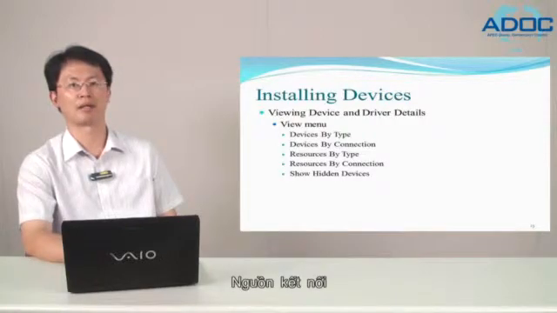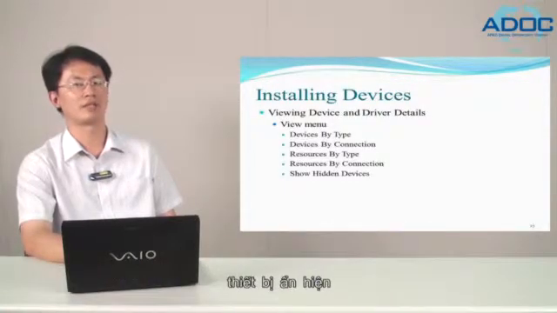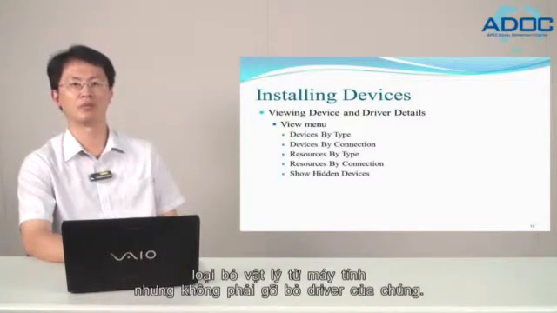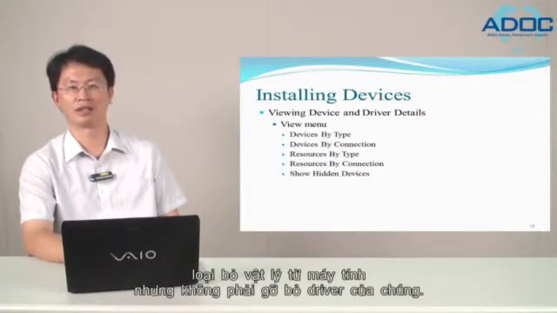And resources by connection: displays the status of all allocated resources by connection type rather than device type. And show hidden devices: displays non-plug and play devices as well as devices that have been physically removed from the computer but haven't had their drivers uninstalled.